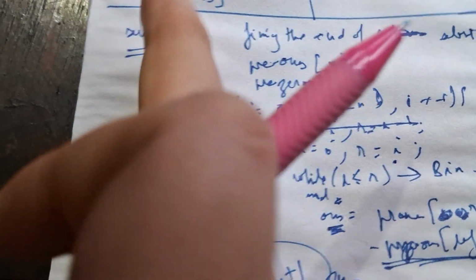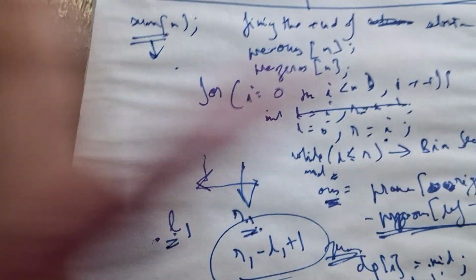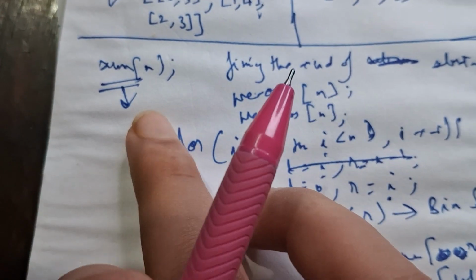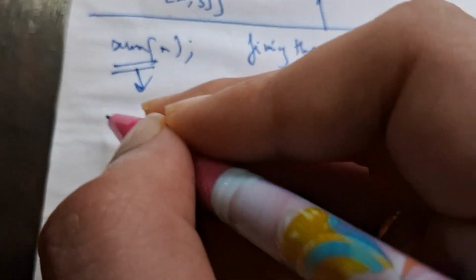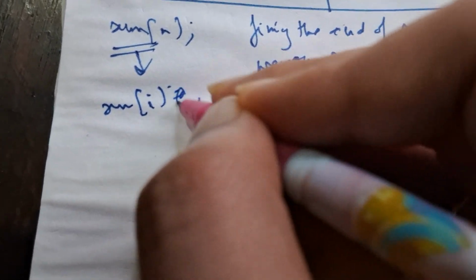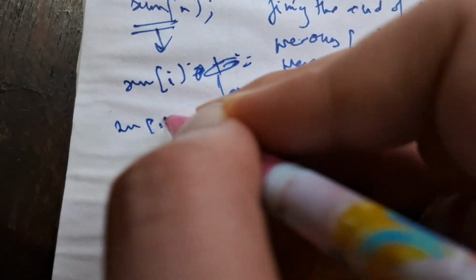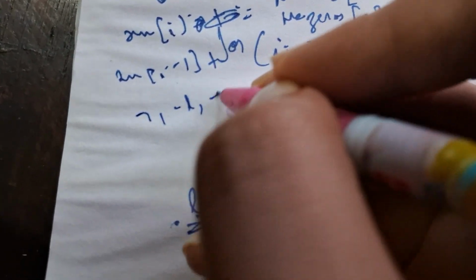Okay, so what sum is basically storing is the sum of all the elements from that position till all the positions before that, and the number of valid substrings that they have. So basically you can use a recursive function for sum: sum of I is equal to sum of I minus 1 plus this value, R1 minus L1 plus 1.